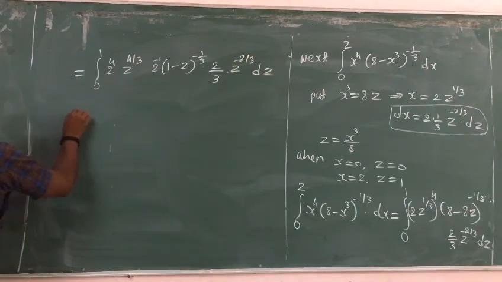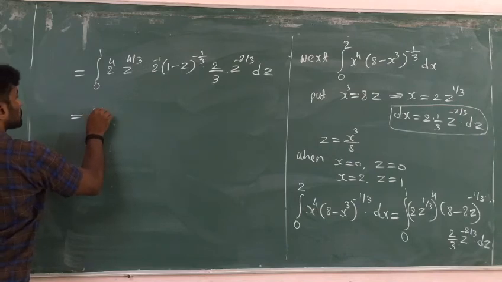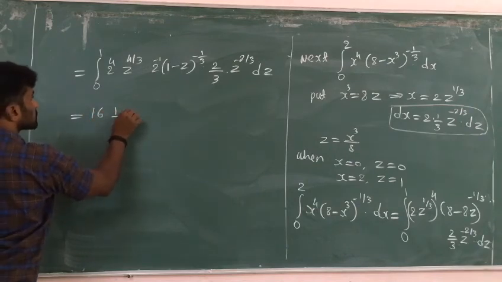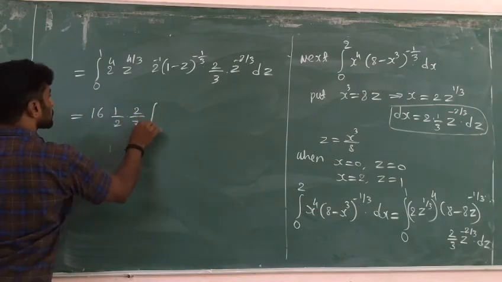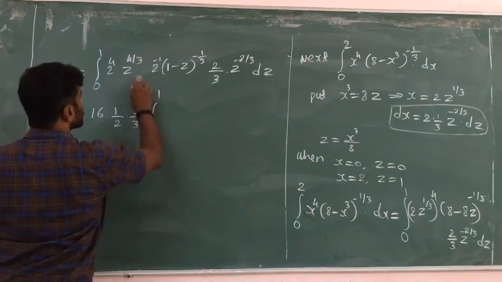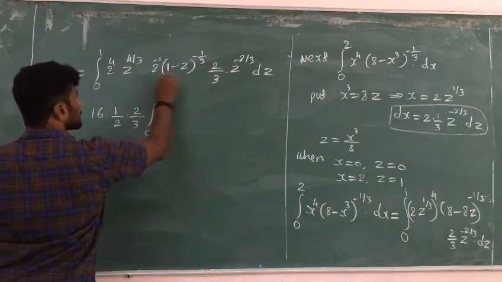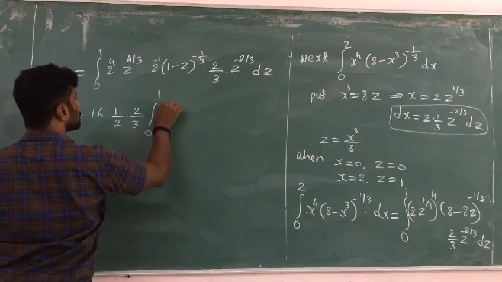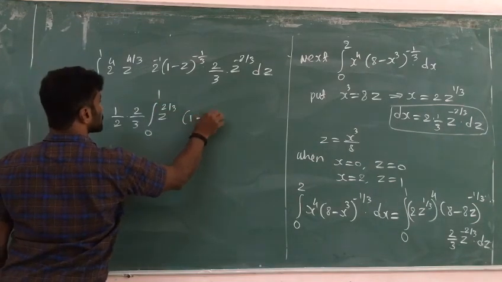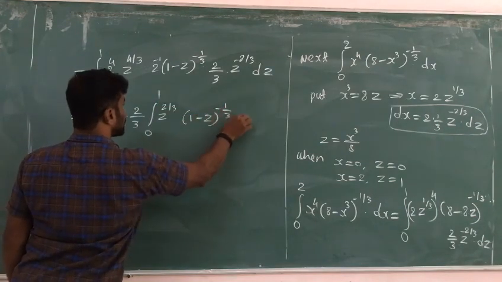Clear? So simplify this: 16 into 1 by 2 into 2 by 3, 0 to 1. If the bases are the same, adding the powers, it is 2 by 3 into 1 minus z raised to minus 1 by 3 into dz.